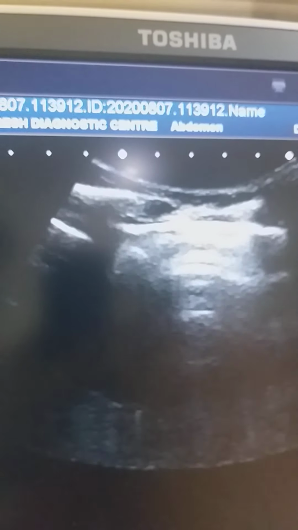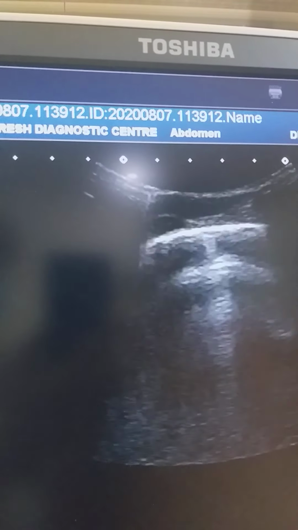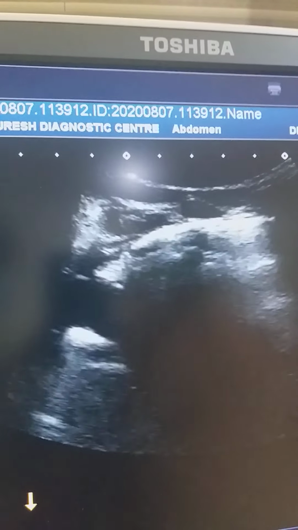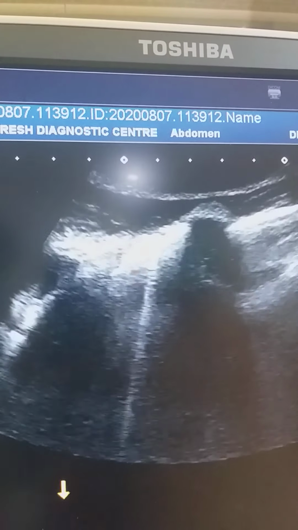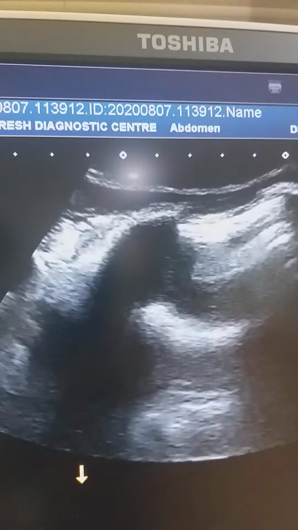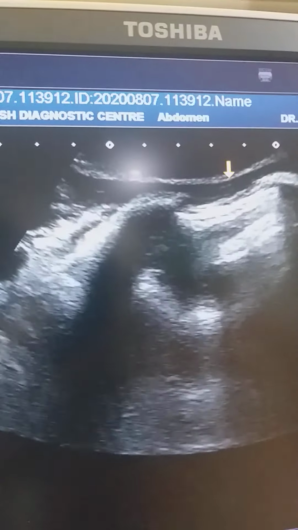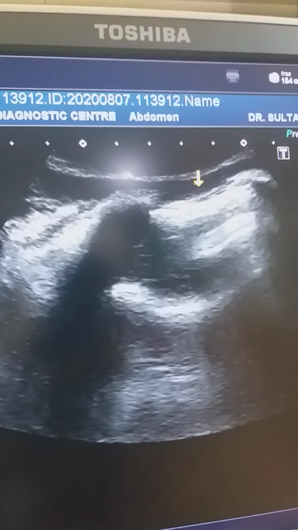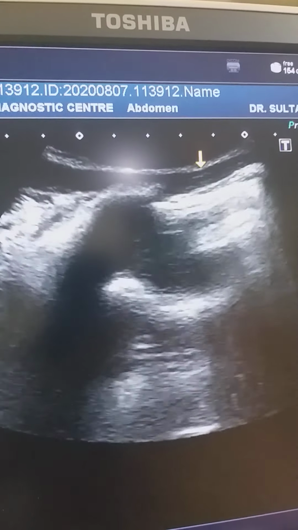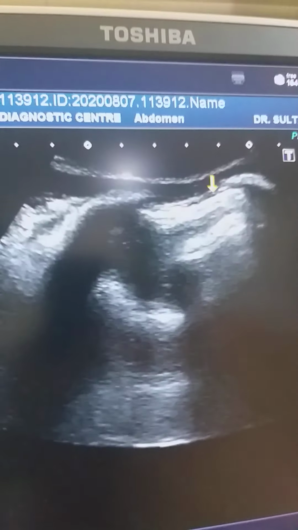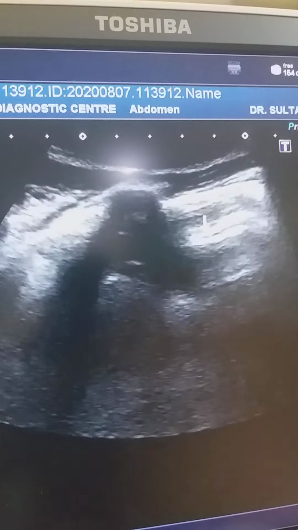Here we can appreciate this one. This is the subcutaneous tissue of the chest, and then below this subcutaneous tissue we are seeing the white lines.